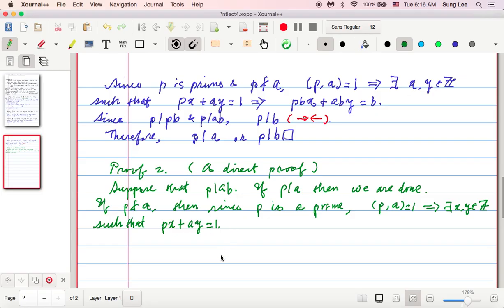And you know the rest of the story, right? We have to use this assumption here, P divides AB.